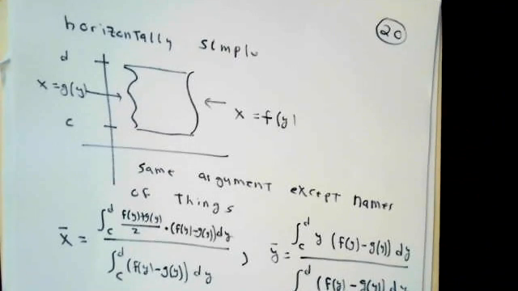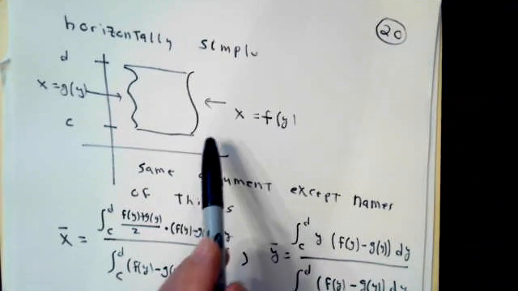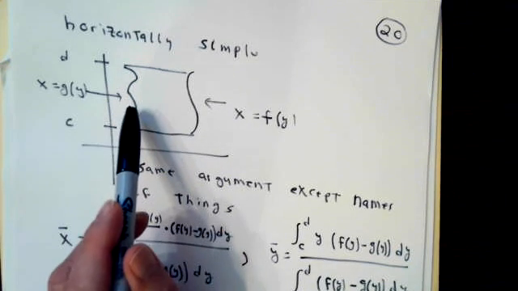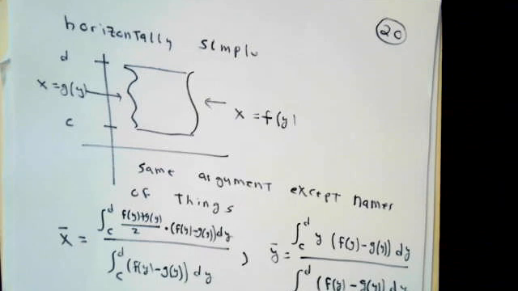If you have a horizontally simple region, that's a region bounded by y equals c and y equals d above and below, and on the sides, instead of y being a function of x, x will be a function of y. So this will be x equals f of y, and this is x equals g of y. You can go through the exact same argument that we did for the vertically simple case.